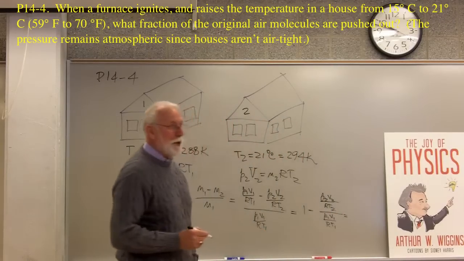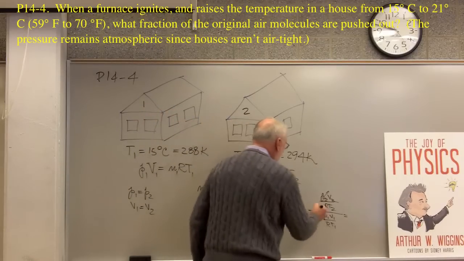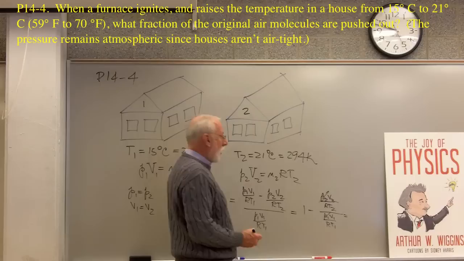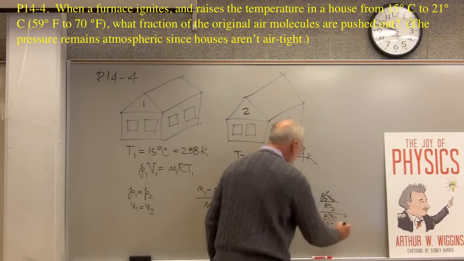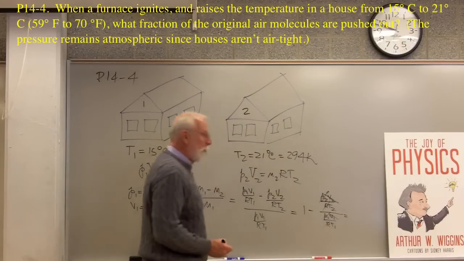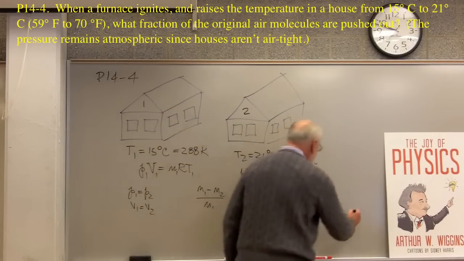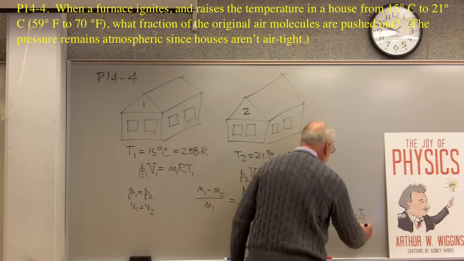Now here's where it gets really fun, because now if P1 is equal to P2, then those go away, don't they? If V1 is equal to V2, then those go away. The R's are just a constant, so those go away. Everything goes away except the T's. So this is 1 minus T1 over T2.